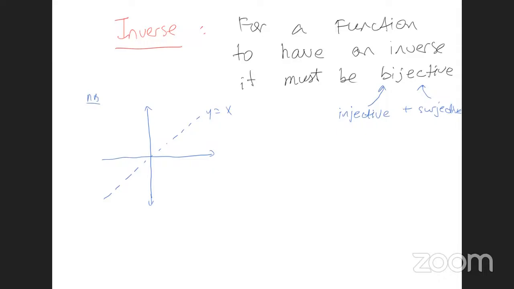So if I give you a function f of x, then its inverse is the reflection in the line y equal to x.